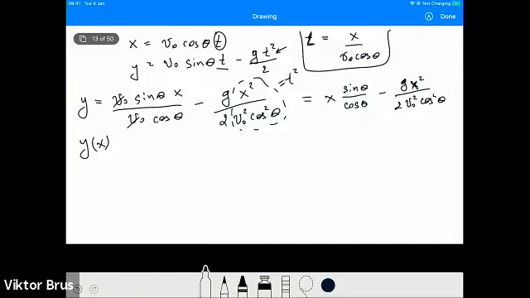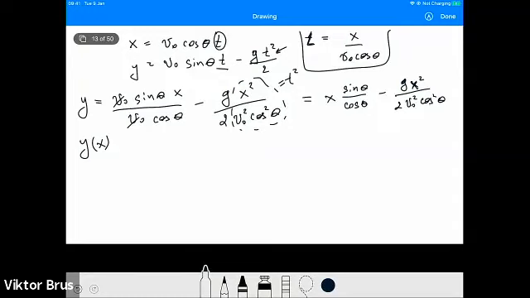Okay, so now let us again ask this question: what is the maximum height this body will reach with these initial conditions, this projectile motion with given conditions?